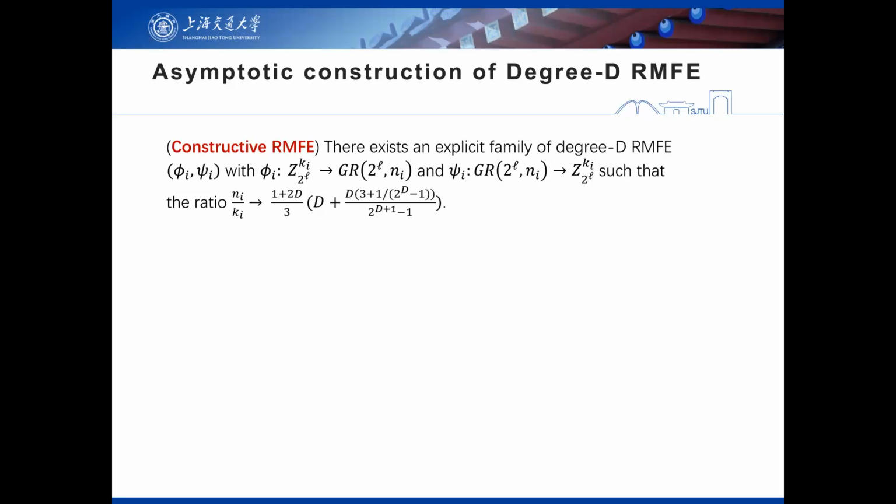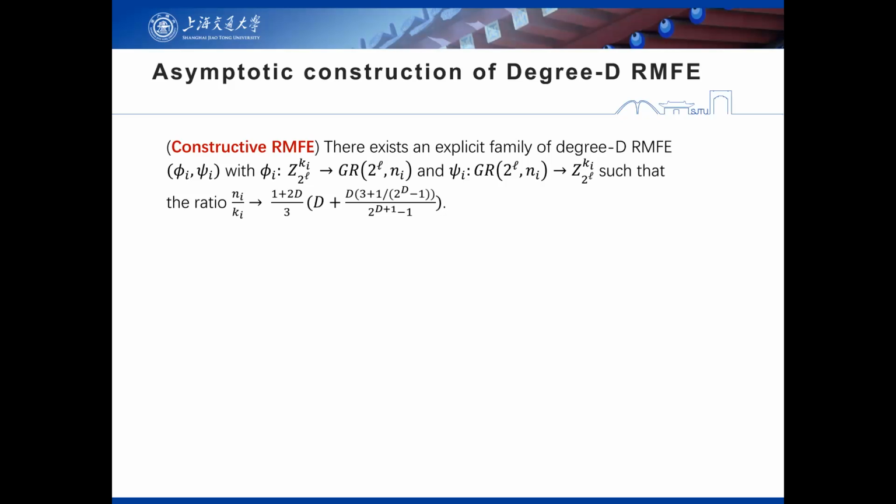In our construction, we have to rely on some algebraic geometry code to obtain an asymptotically good degree d MFE. If we do this composition for polynomial codes, we will find that the ratio tends to 0, because the ratio is something like log n over something, and so it goes to 0.